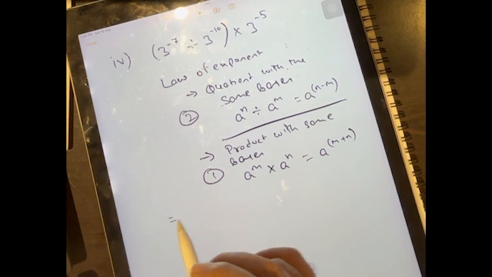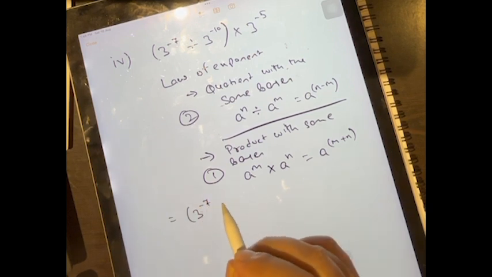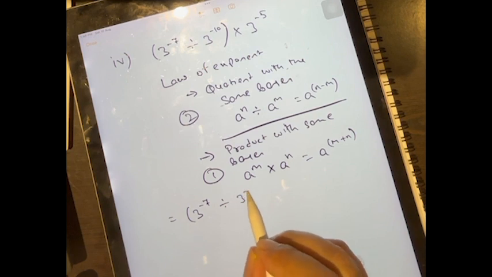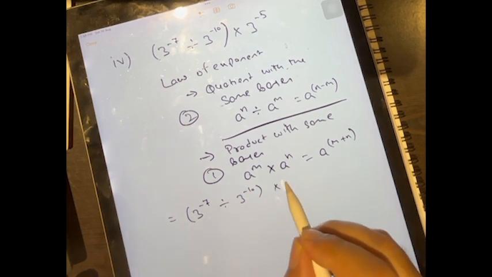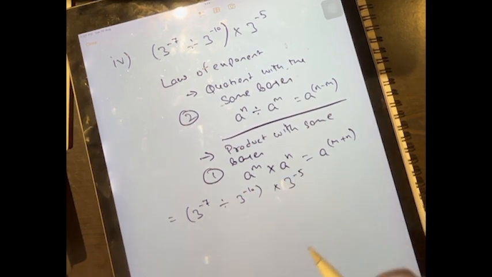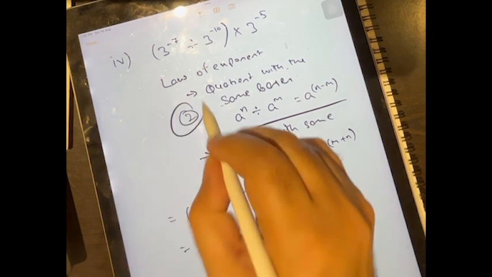Let's bring down the question again. This will be 3 raised to the power of minus 7 divided by 3 raised to the power of minus 10, multiplied by 3 raised to the power of minus 5. Let's apply law number 2.